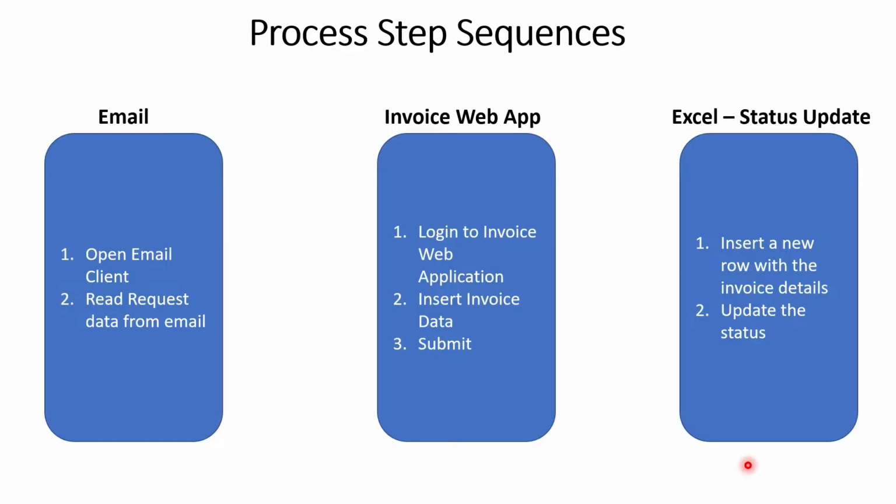For the second step, to generate an invoice, it will first log in to the invoice web application, then insert the invoice data which it collected from the email, and then submit the invoice. Once the invoice number is generated, it will take the invoice number and go to the Excel. It will first open the Excel, then insert a new row, and then update the status. So there is a sequence of steps for each of these blocks, right?